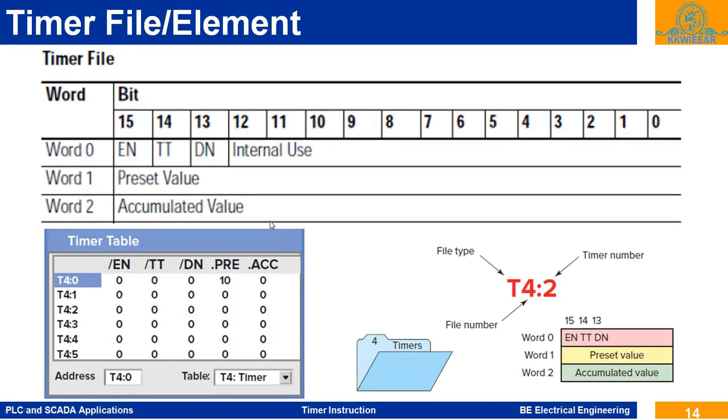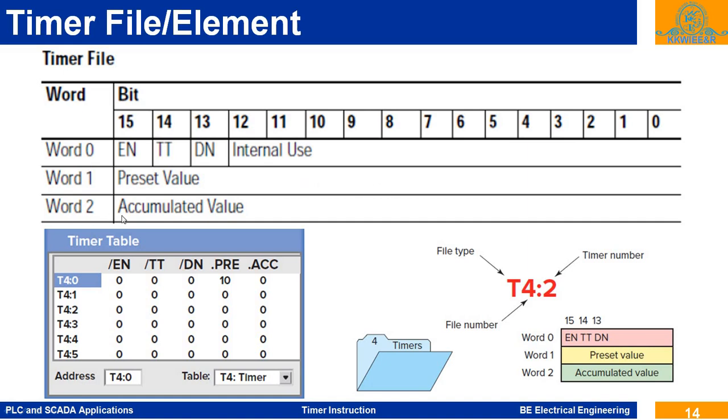In a single timer element, this is the arrangement. Word 0 is used for the bit type instructions: enable at bit 15, TT at bit 14, done at bit 13, and bits 0 to 12 are used for internal use of the PLC. At word 1 we can set the preset value.